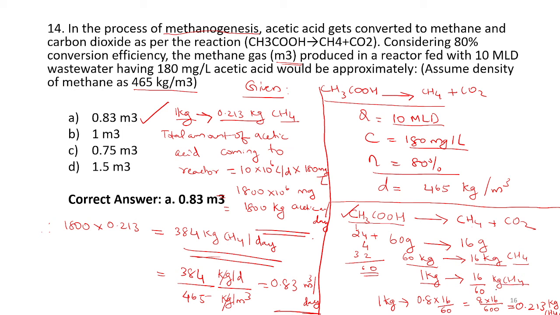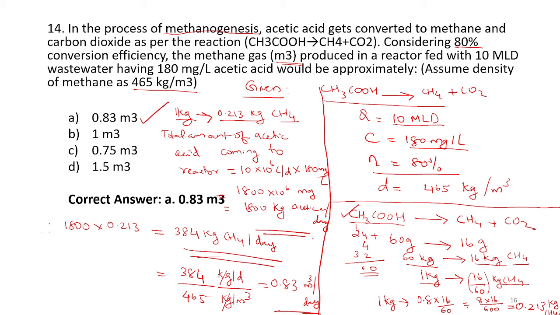But in the question it is given that the conversion efficiency is only 80%. That means that for the entire 1 kg, the 16 by 60 amount won't be produced. Only 80% of this value will be produced. Therefore, the actual amount of methane produced from 1 kg of acetic acid is 0.8 into 16 by 60. Is it clear?